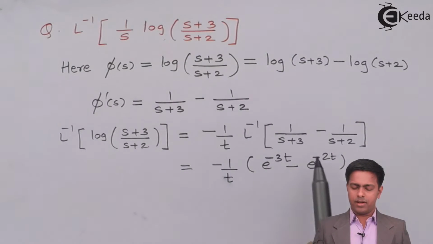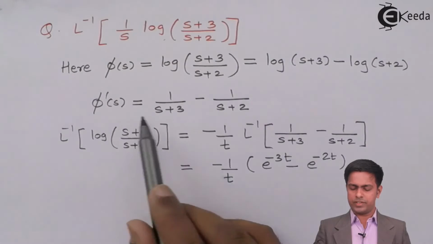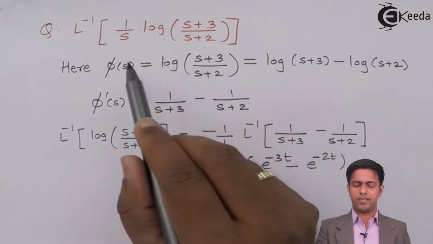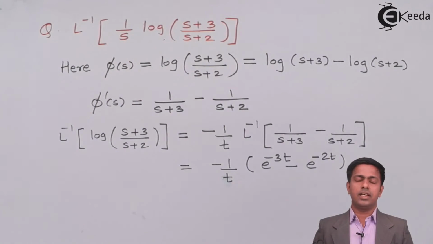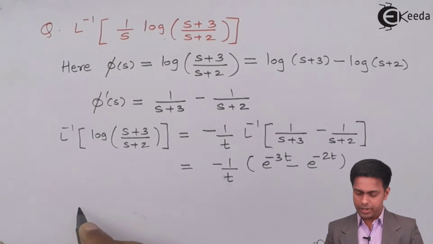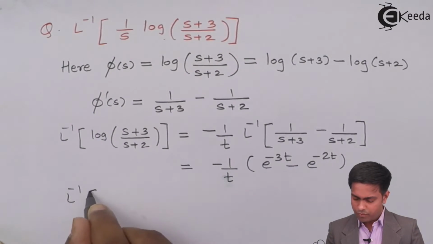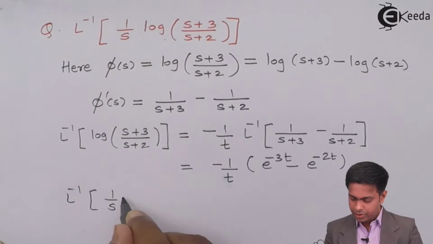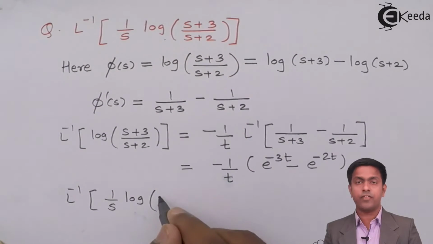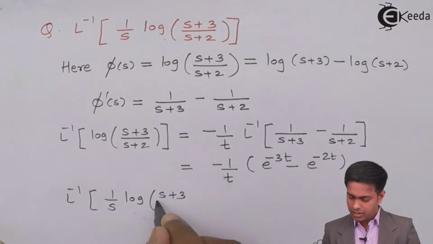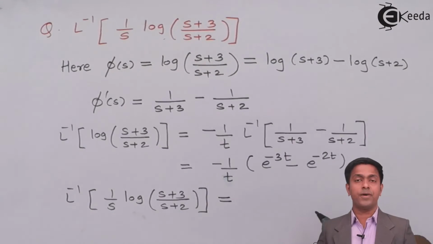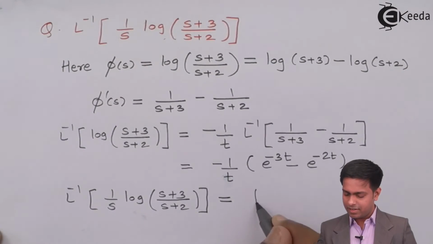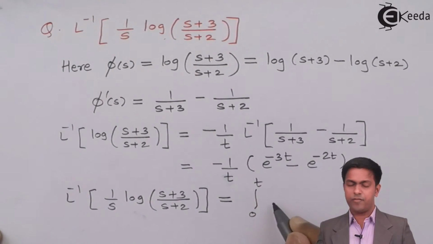Now here I got the inverse Laplace transform of this function, and that was my phi of s. To get the answer of this, I'm going to use the Laplace transform of integral property. According to that property, the inverse Laplace transform of 1 upon s into phi of s, where my phi of s is log of (s plus 3) upon (s plus 2), is given by the formula integral from 0 to t of f of u du.